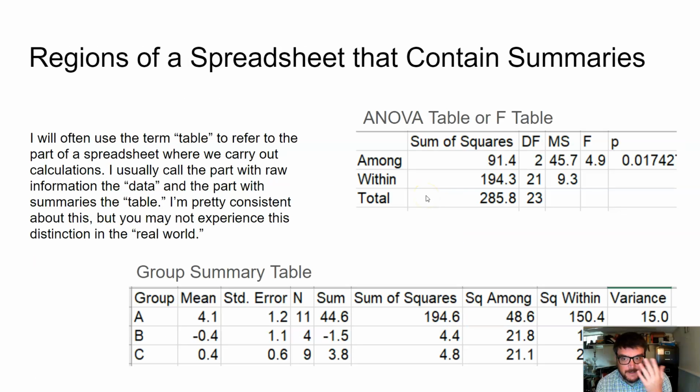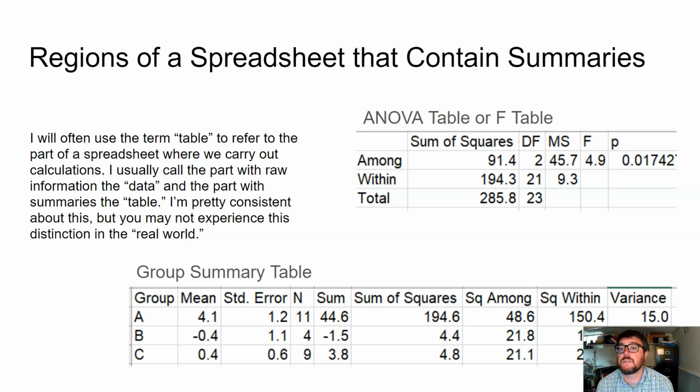So in this class, one place where I will use the word table, which is kind of idiosyncratic, is when I'm talking about a region of a spreadsheet that contains summaries. So we'll often have one part of our data set, of our spreadsheet, that has data, right? So just each column is data. But then might have another place where we're doing some calculations, and I like to organize those with labels that describe what we're summarizing.